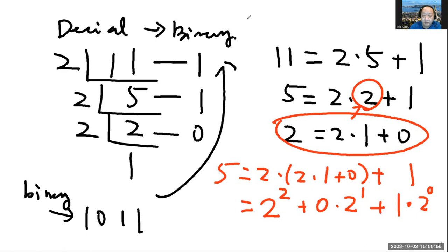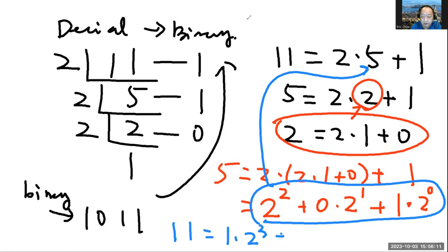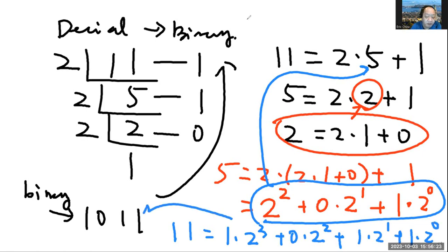Put this back into 11 and you get 11 equals 1 times 2 to the power 3 plus 0 times 2 to the power 2 plus 1 times 2 to the power 1 plus 1 times 2 to the power 0. If you look at its coefficients, 1, 0, 1, 1.